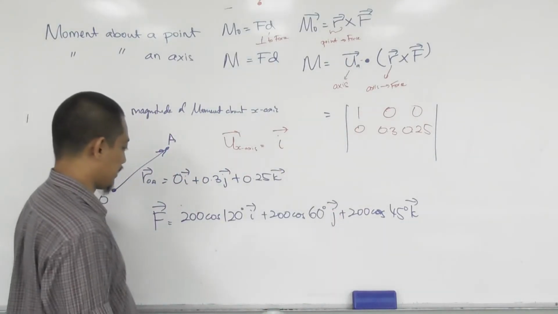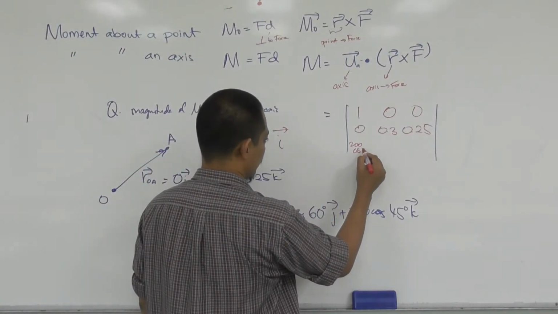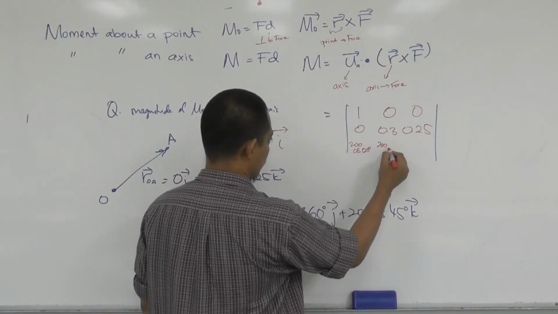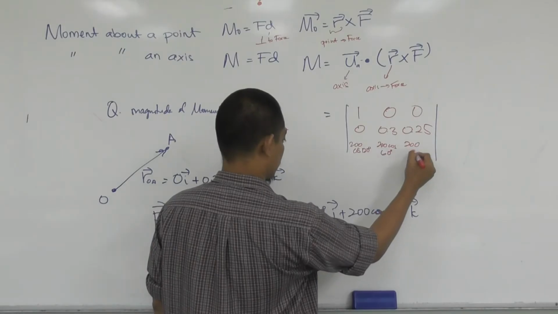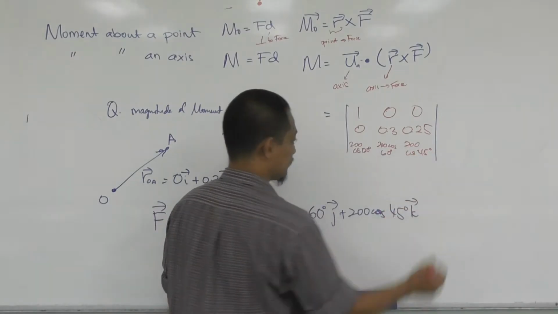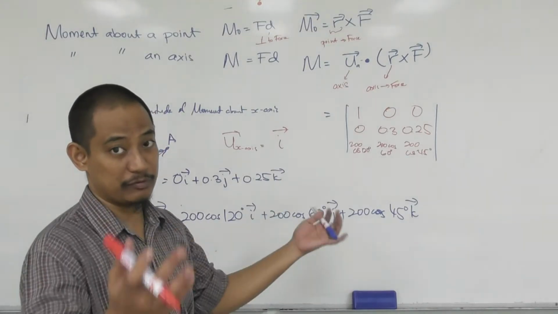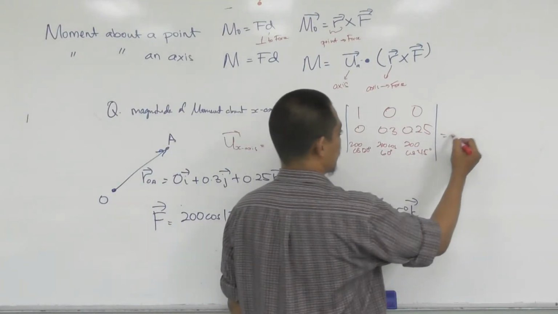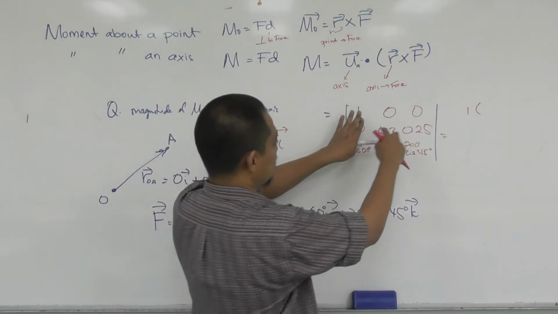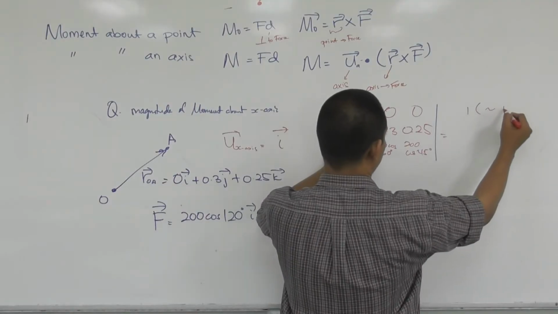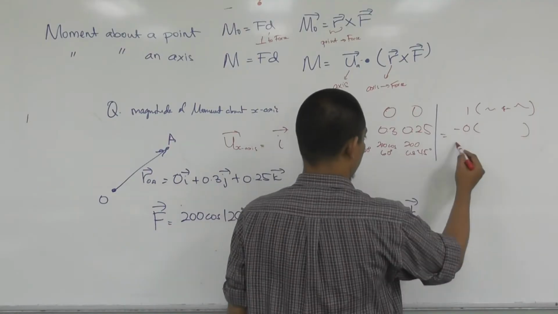And then you have this: 200 cos 120, 200 cos 60, 200 cos 45 degrees, right? And then you can solve just like before. If you use the cofactor method, it's 1 times this times this, whatever value there, and then minus 0 plus 0.